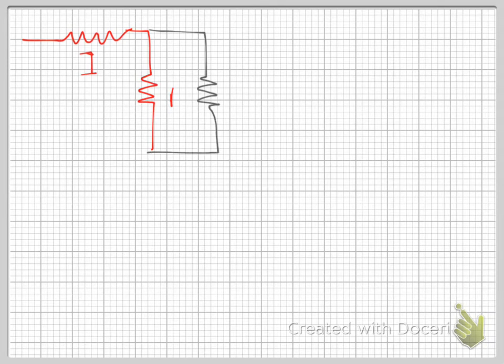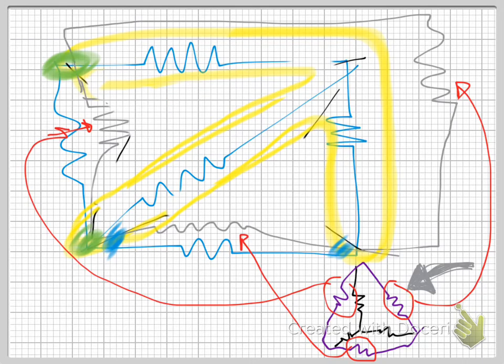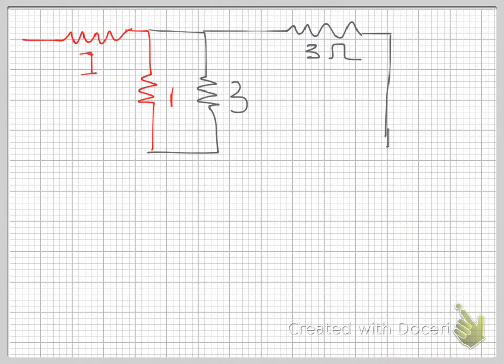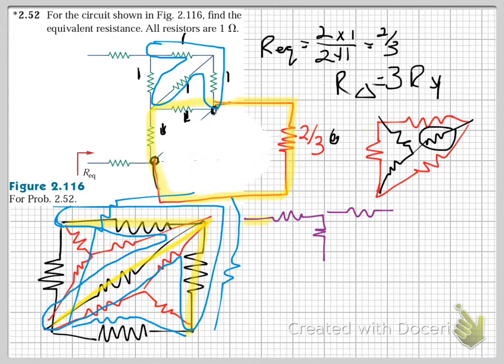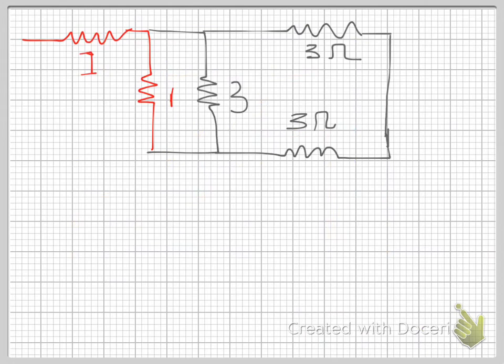Our gray delta here of 3 ohms, our gray delta there of 3 ohms, and where is this last one going to go? Okay, our delta here of 3 ohms, and then we still have to draw in this guy, that guy, and our 2/3.